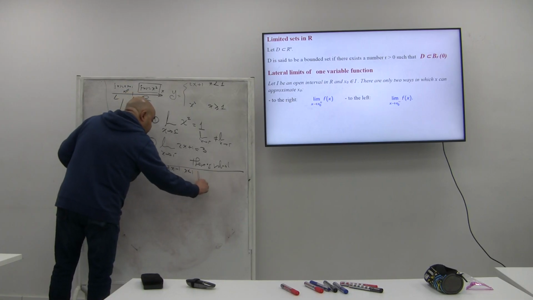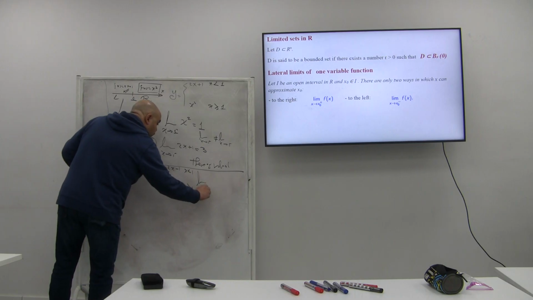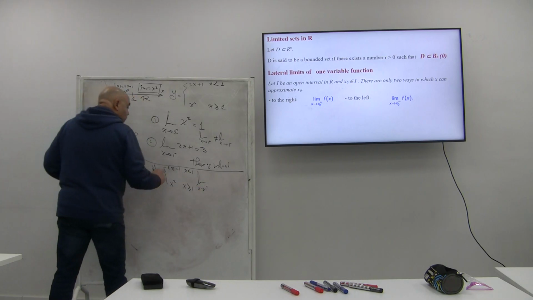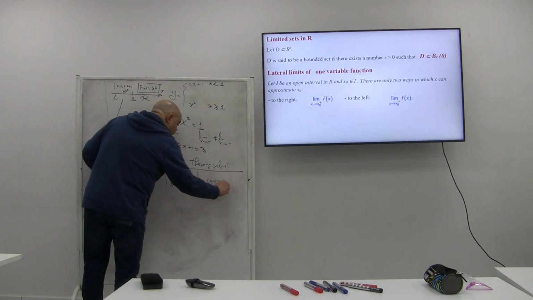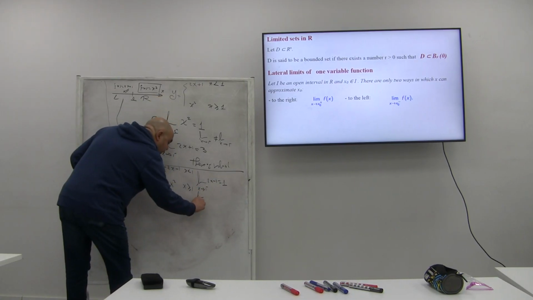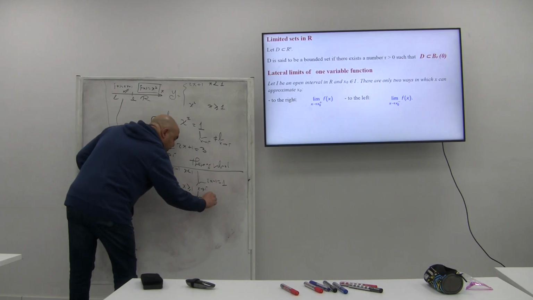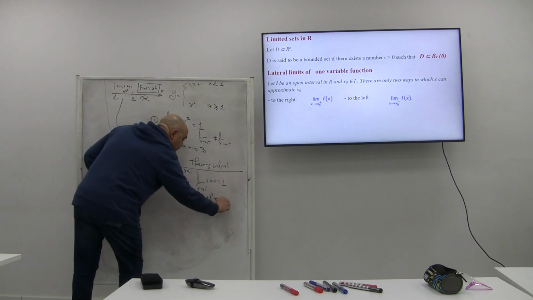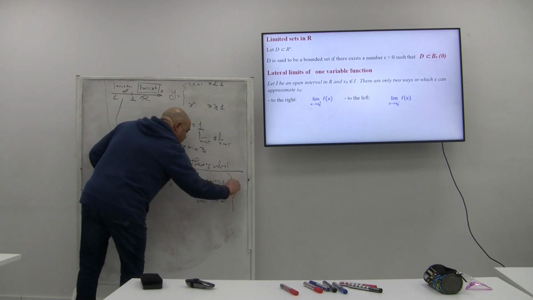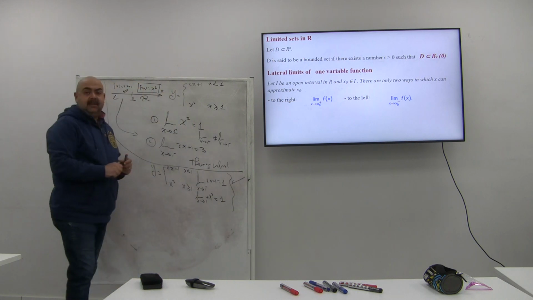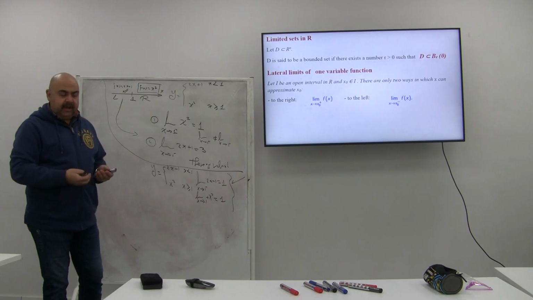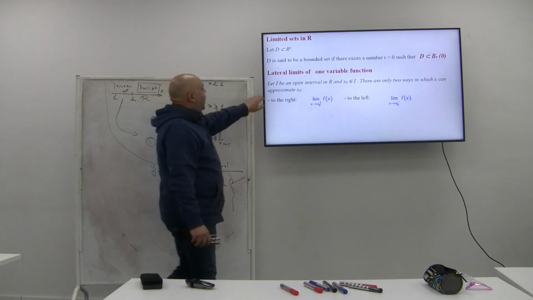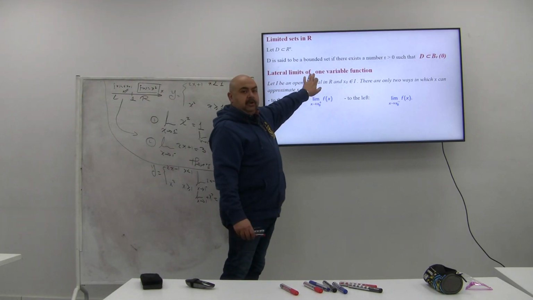If you try to get the limit of x tends to 1 in negative, it's going to be 2x minus 1, which is going to end up having 1. The limit of x tends to 1 in positive of x squared is going to be 1. And in this case, you will have your limit, since the left-hand side equals the right side, which is called lateral limits of one variable function.